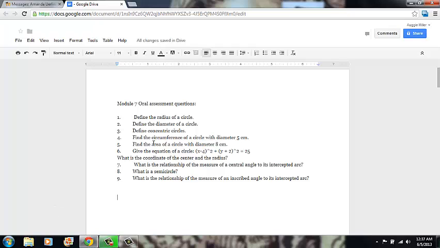Now, give the equation of a circle. What is the coordinate of the center and the radius?